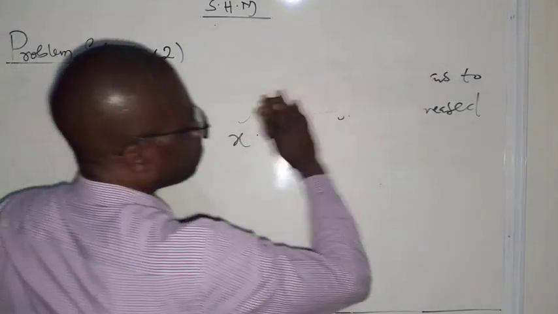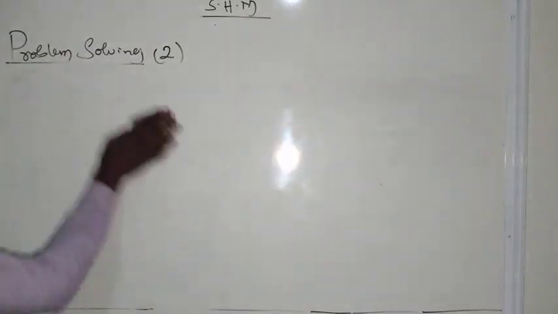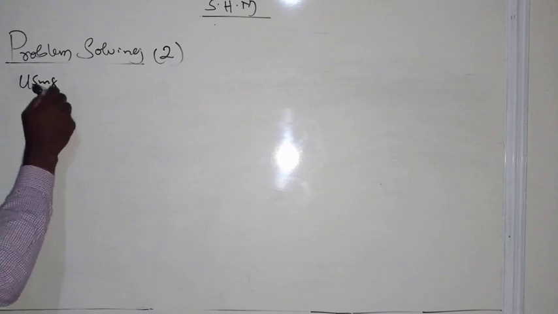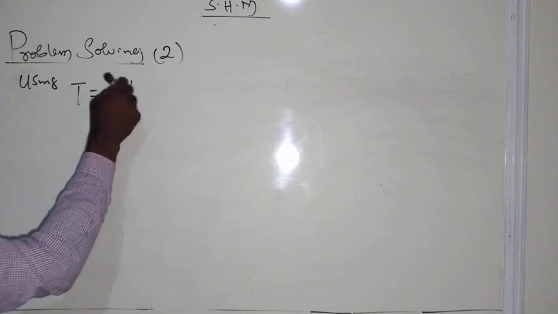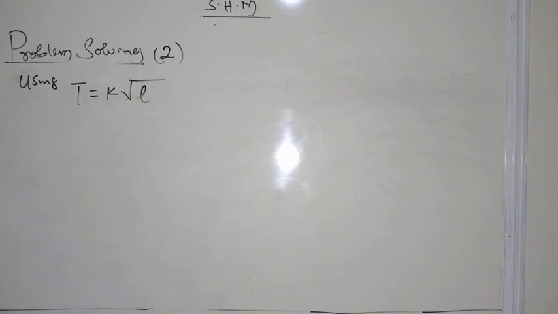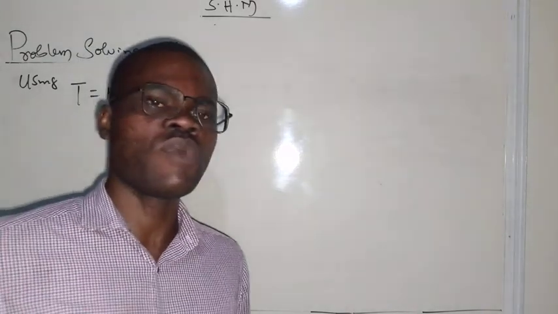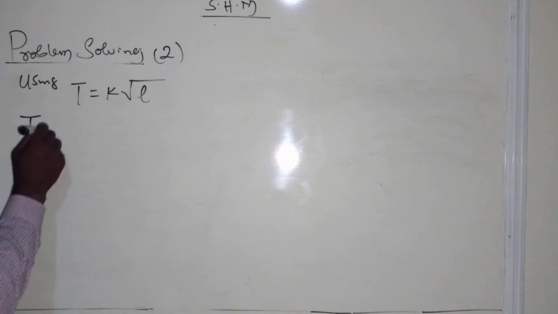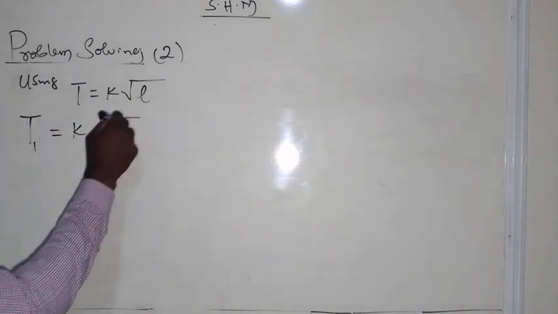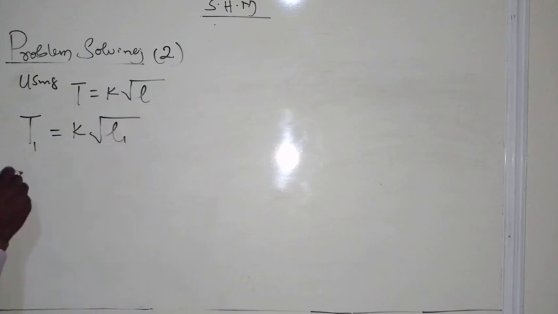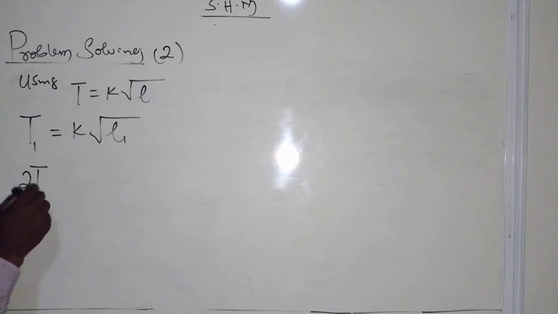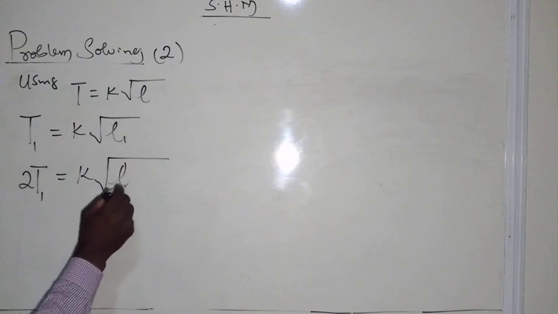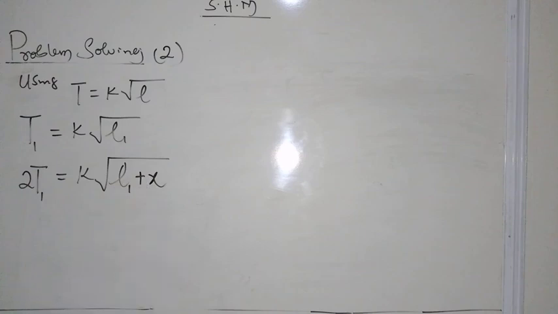Using T is k root L, let this one be the first period. T1 is k root L1. So when the period is doubled, that is 2T1, it appeared that L1 has also been increased by x.